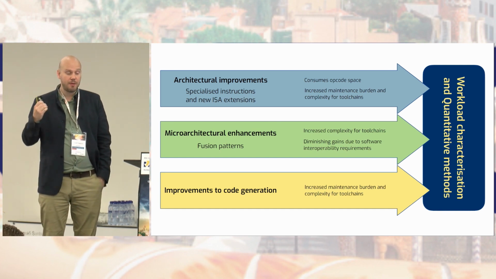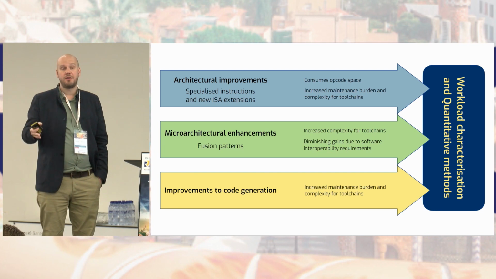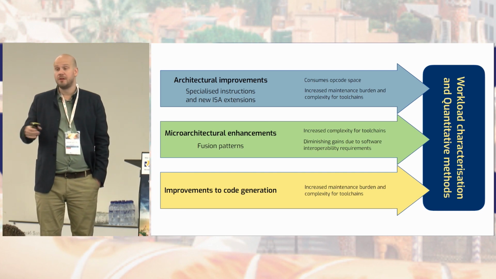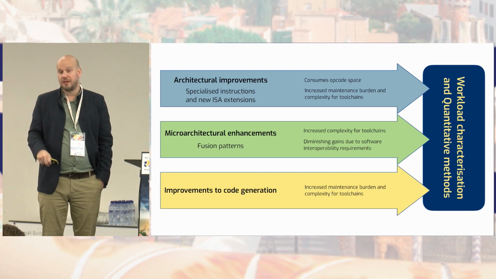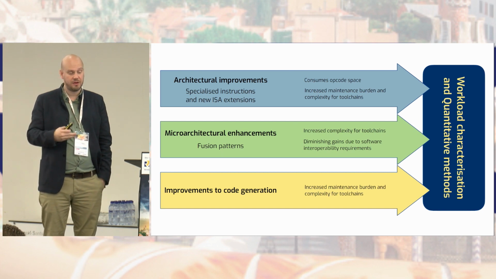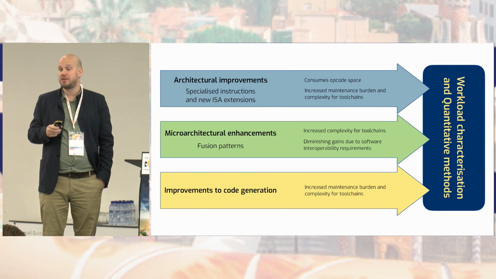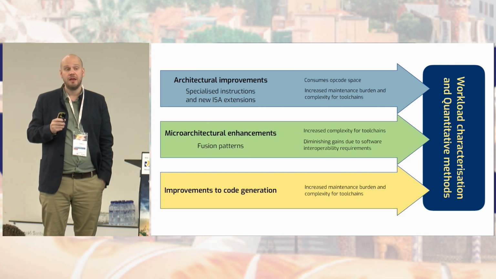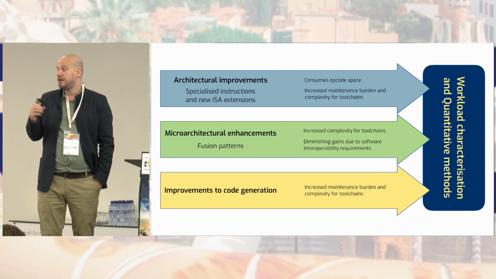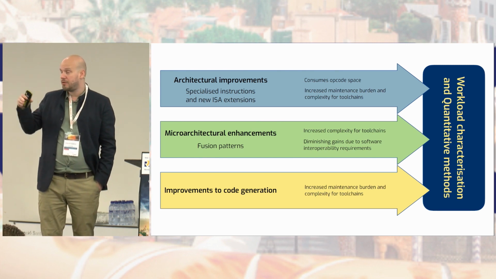But then if we go up, we can use the same architecture, new instructions, just workload intelligence, inspect what is running, how is it running. An example of a microarchitectural optimization a lot of people are doing and talking about in the RISC-V ecosystem on the high end is microarchitectural fusion.